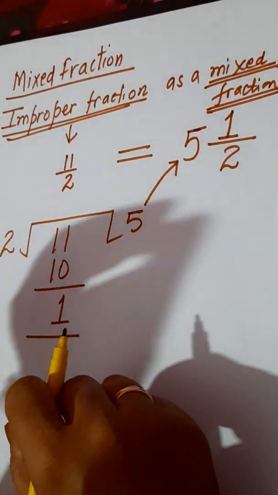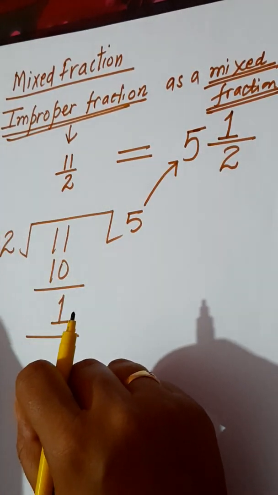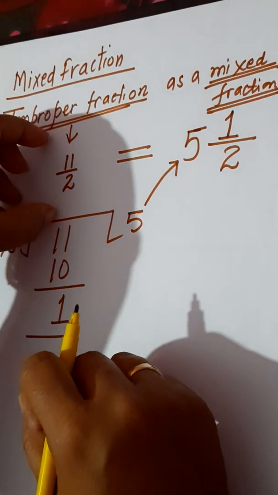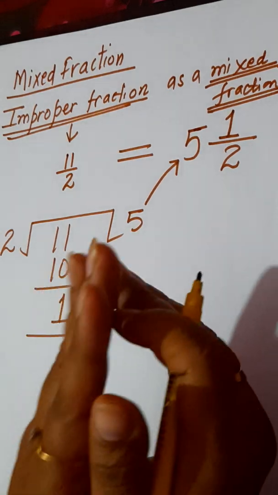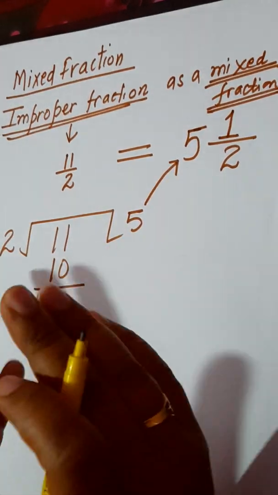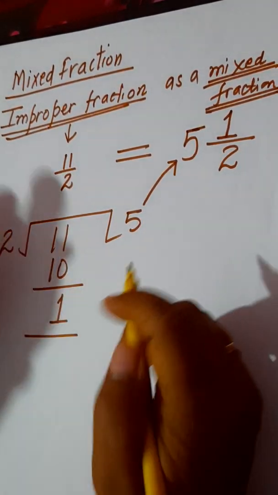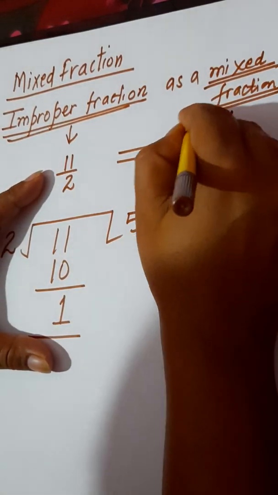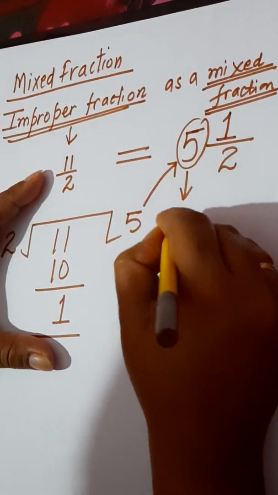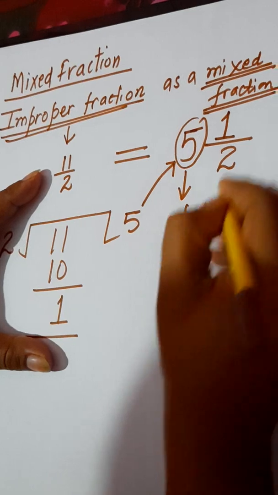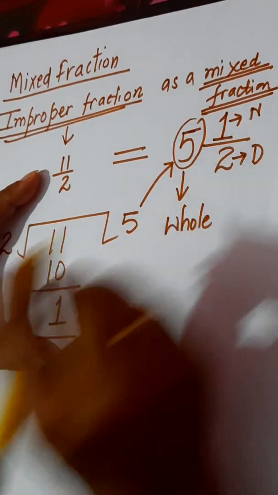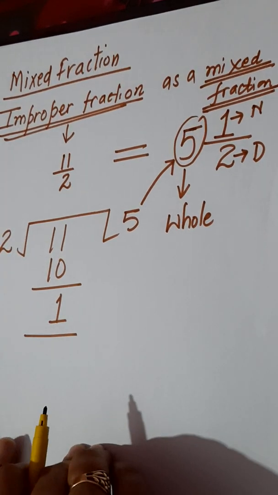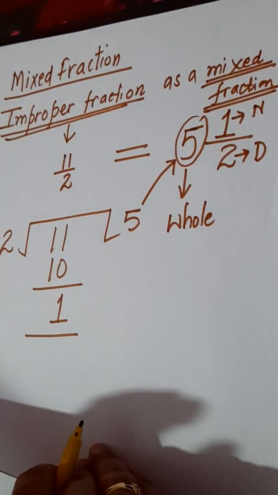Now here what I did, I just wrote an improper fraction as a mixed fraction. We can also write a mixed fraction as an improper fraction. This is vice versa. So this 5 represents your whole, this 1 represents the numerator, and this 2 represents the denominator. So this is all about fractions, types of fractions.